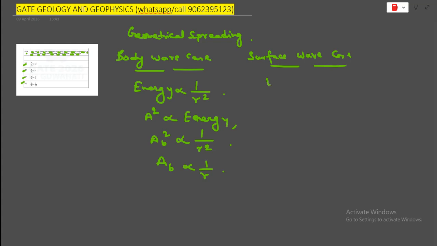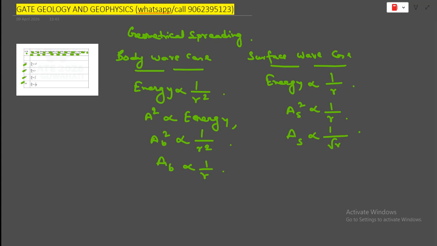So energy is proportional to 1 by r, and this means AS square is proportional to 1 by r. Then take the square root, so AS is proportional to 1 by root r. Surface waves are survivors. They hold on to their amplitude much longer. This is why an earthquake in Japan can be felt by sensitive instruments in London.